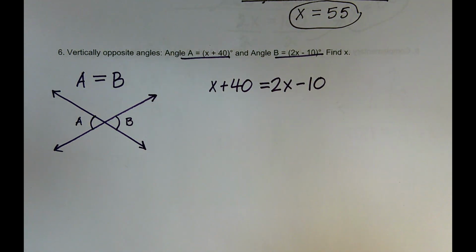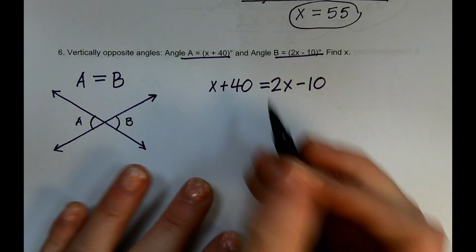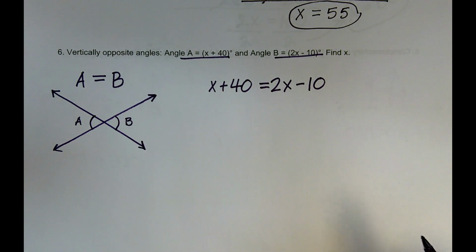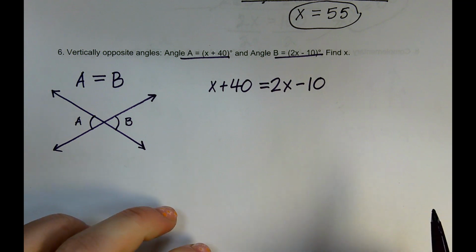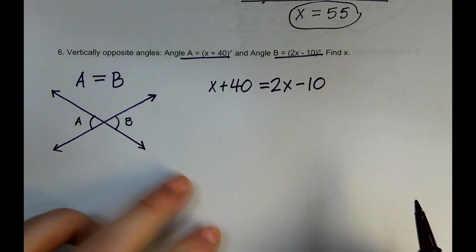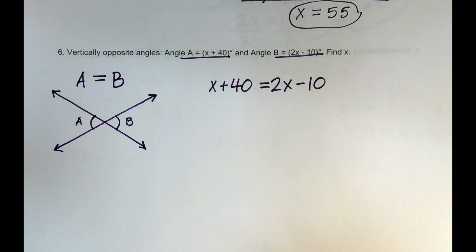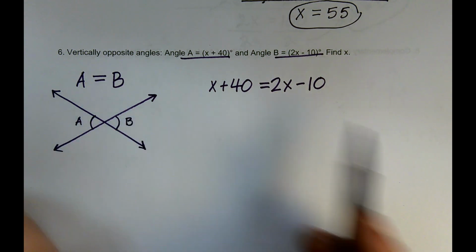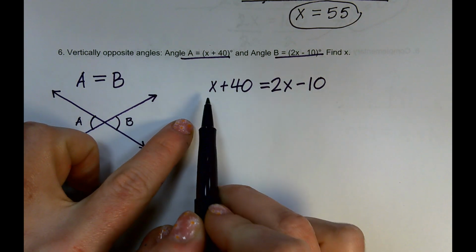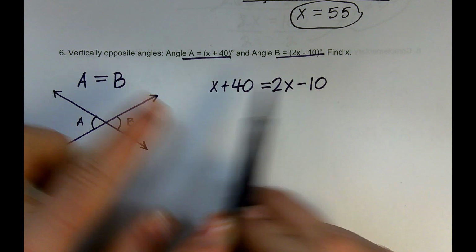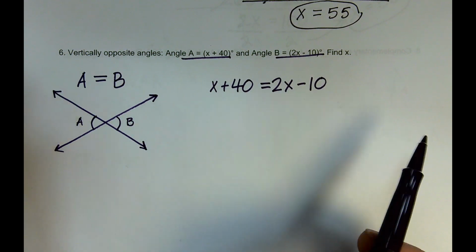What should I do from here? Let's combine my x's. How do I combine my x's? They're on opposite sides of the equal sign. We could subtract 2x from both sides. We could also do it the other way. We could subtract x from both sides. Either one works perfectly.